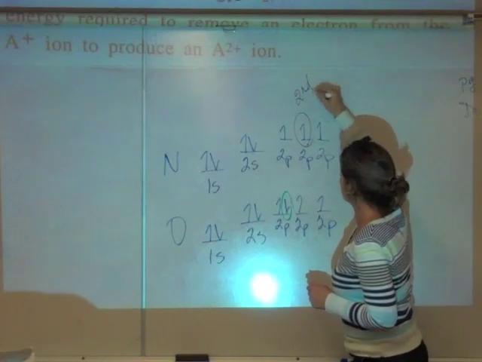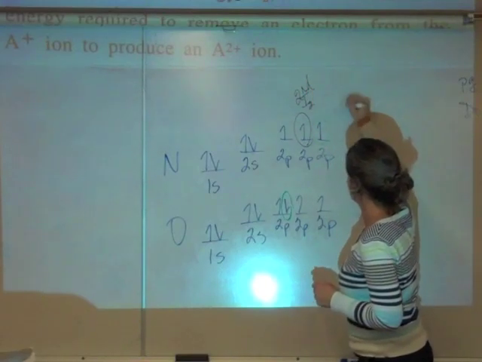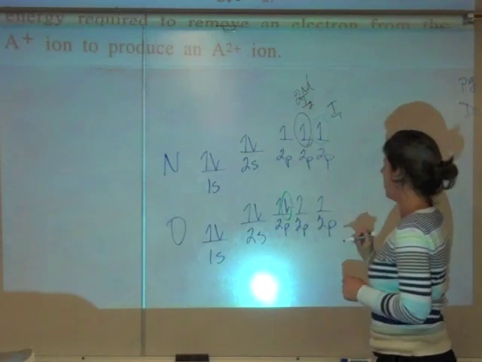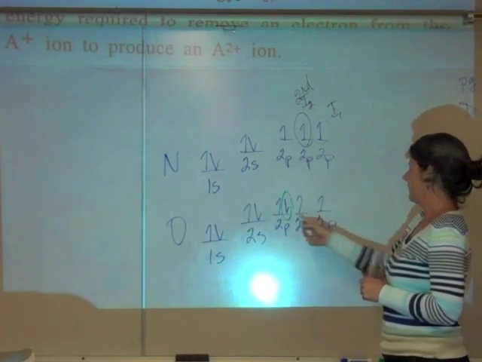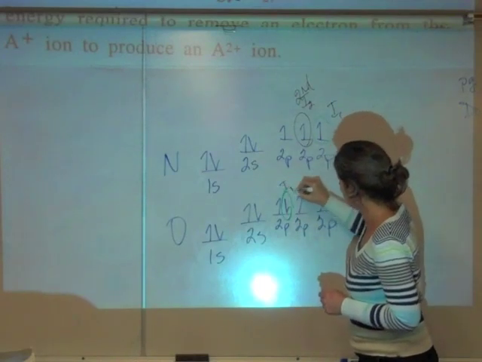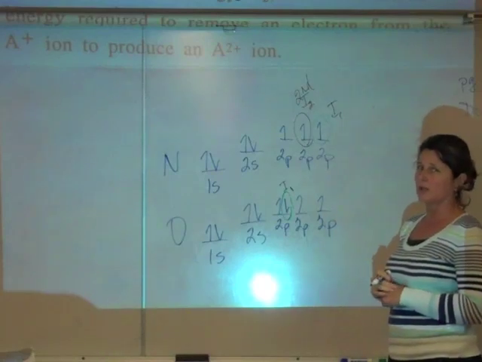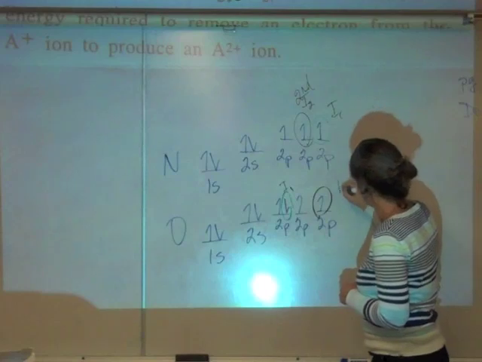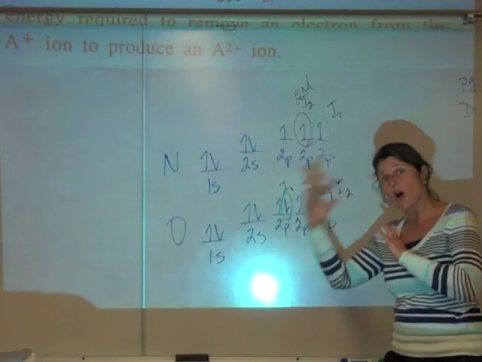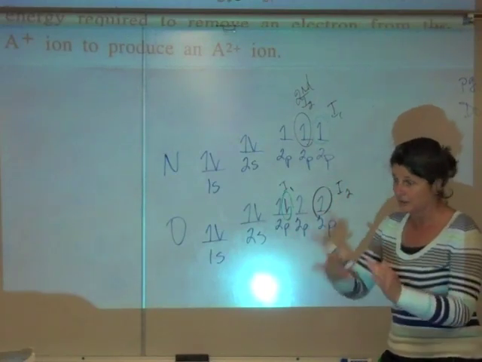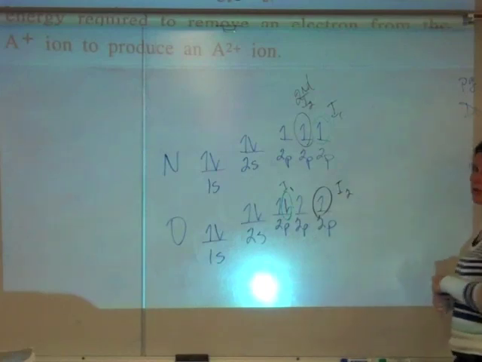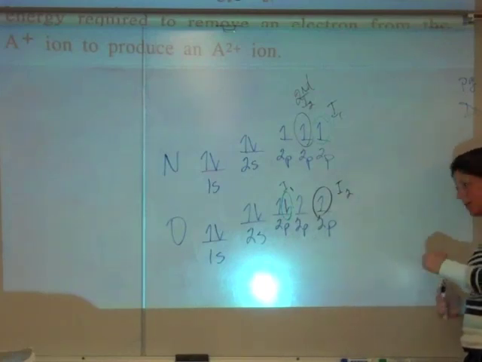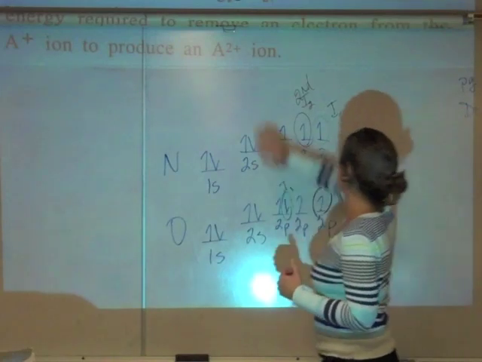That's I sub 2, and this is I sub 1. What is I sub 2 for oxygen? It's going to be that one. So it goes opposite of Aufbau, building down. The most energetic electrons are the ones that are being removed first.